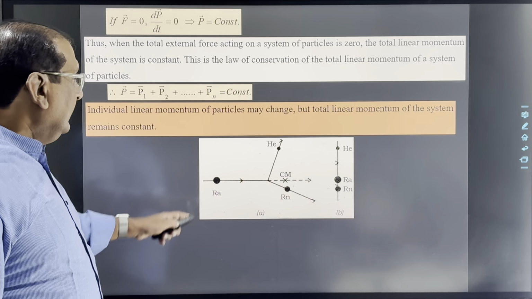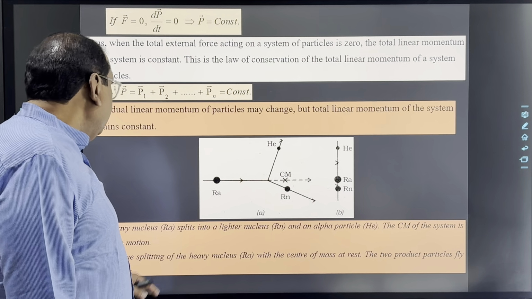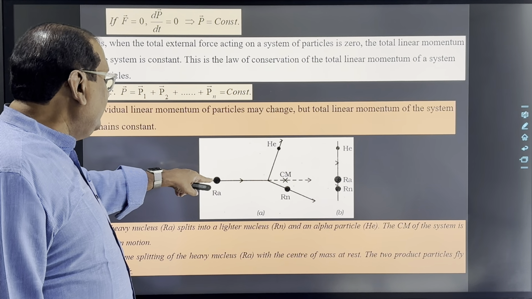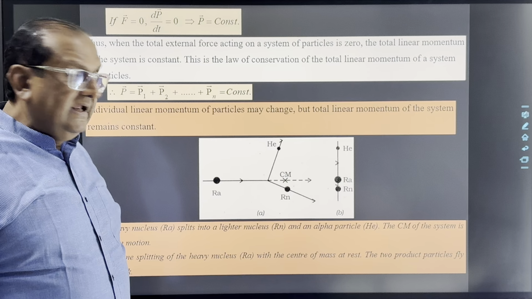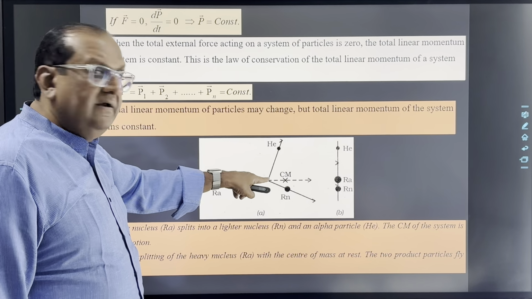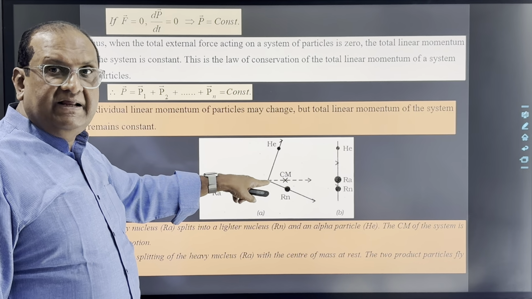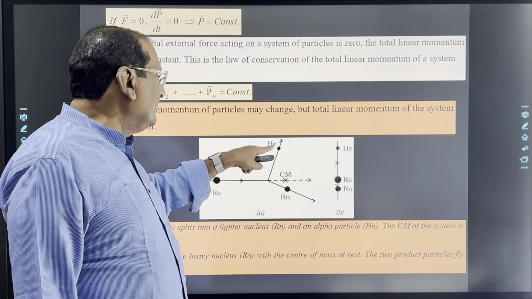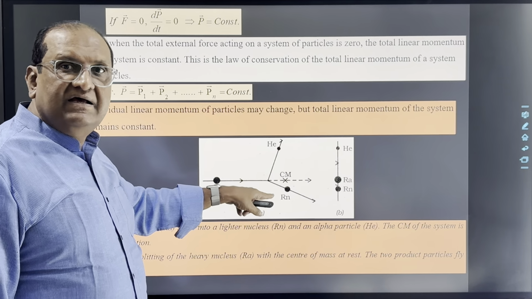See here, in this example we can observe this thing. If the heavy nucleus Ra disintegrates or splits into lighter nuclei Rn and He, and if it is in motion, right, then if external force is not acting here, the individual linear momentum of these constituents He and Rn changes.